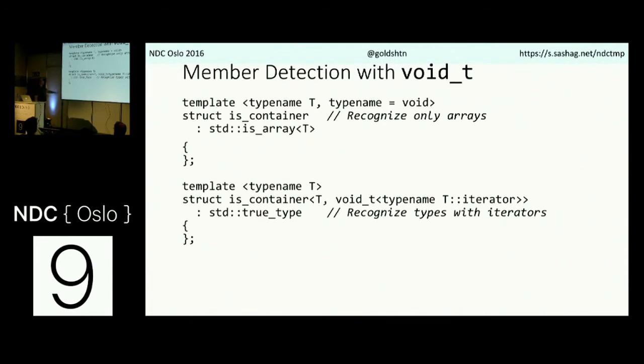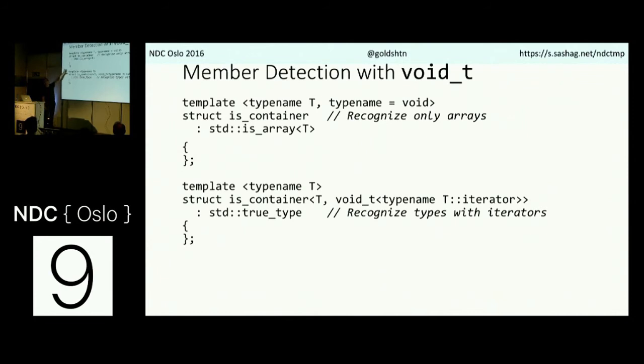Okay, so for this specialization to be chosen, what needs to happen is that void_t of that type is well-formed. If it is not, if our type is, for example, an int, then what we have over here is just int::iterator. That doesn't make sense. That's not well-formed. And then substitution failure kicks in, and we just ignore this specialization.